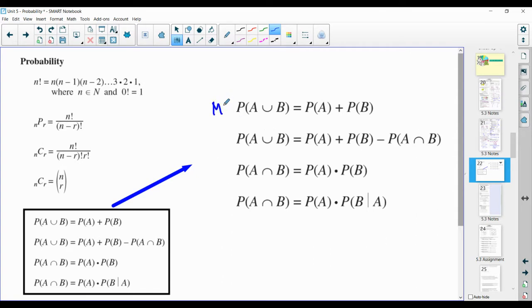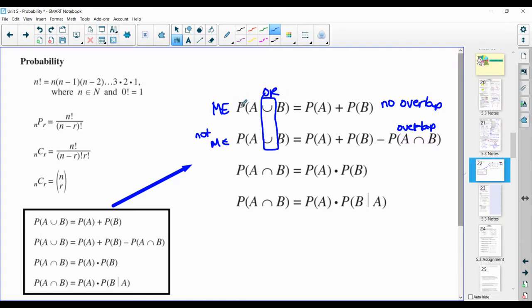So the first one here is mutually exclusive. Notice there's no overlap. Okay, so mutually exclusive, there's no overlap. Not mutually exclusive. So this is where you're subtracting your overlap. So they're both A or B. So this here represents or.